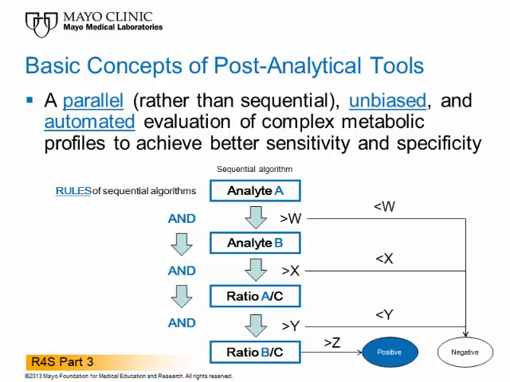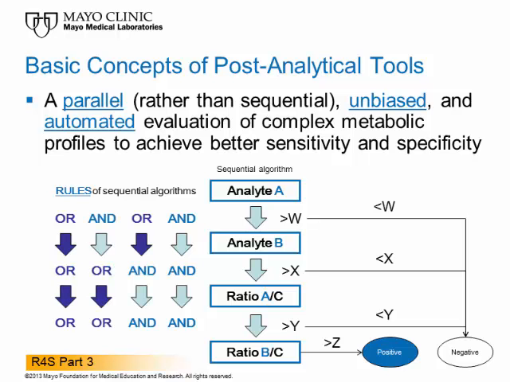Because of this intrinsic inflexibility, algorithms may include the concept of OR. For example, if either analyte A or analyte B exceeds the respective threshold, that is sufficient evidence to overrule the other results and move on to the next decision point, if any.